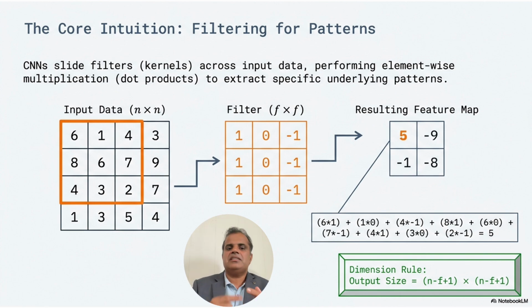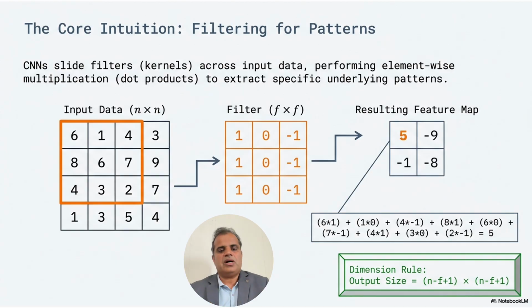It multiplies overlapping numbers together and adds up the total to create a new, smaller grid called a feature map. You can see the math highlighted on the slide. Multiplying our orange box by the filter grid shrinks that entire section down into a single number, 5. Notice how the grid shrank from a 4 by 4 to 2 by 2.